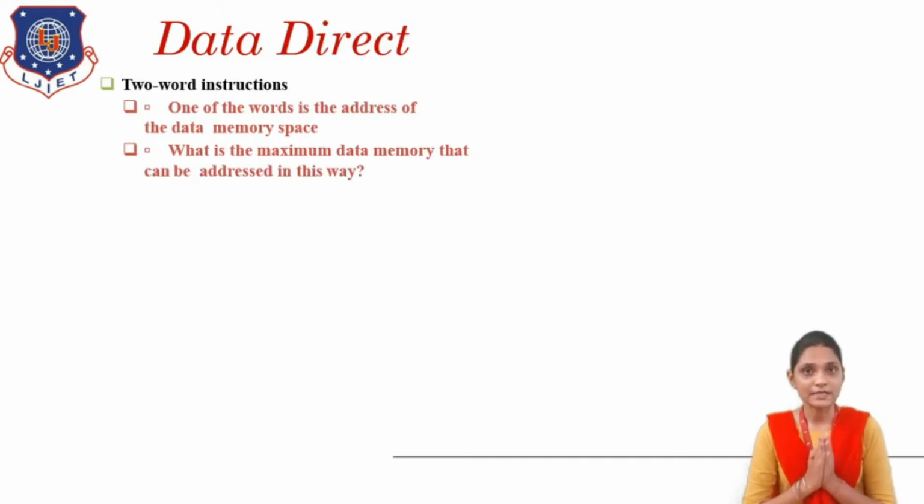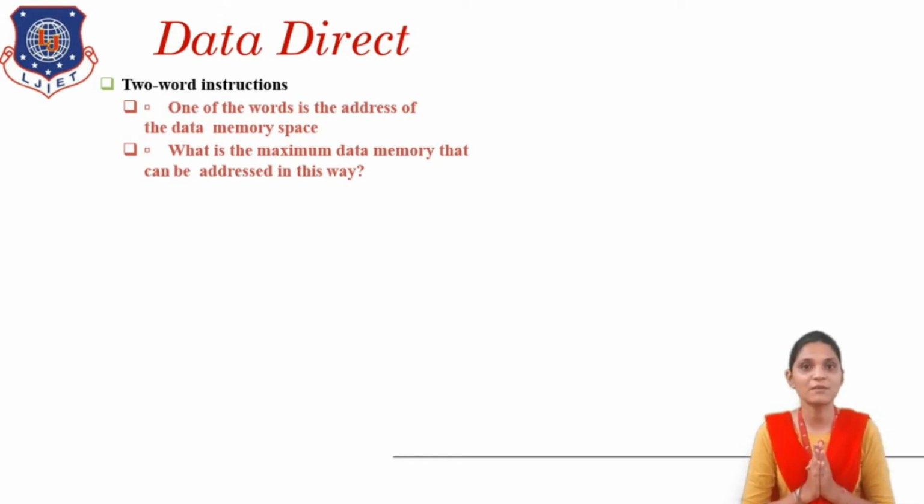In this data direct addressing mode there is a two-word instruction. One word is the operation code, which operation you are going to perform, and the second word is the address of the data that you have stored in the data memory space.